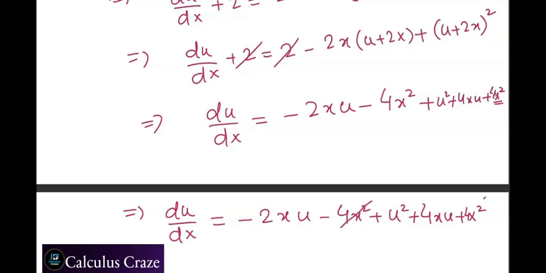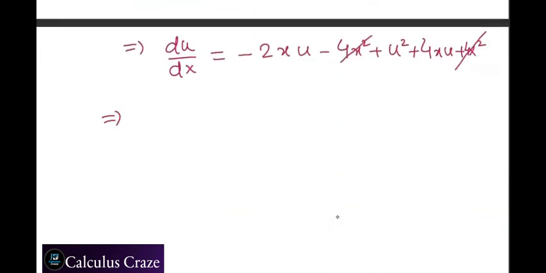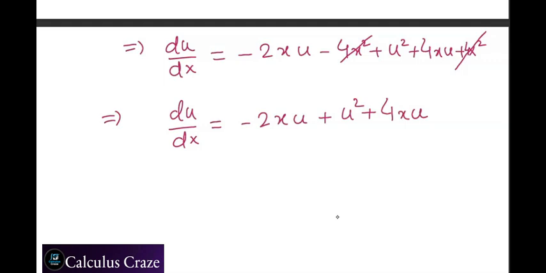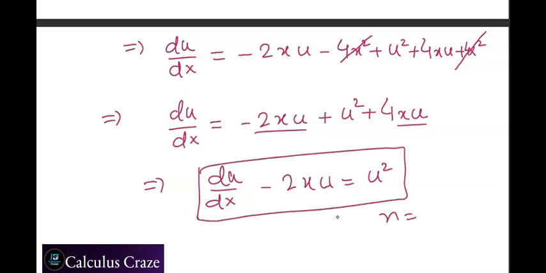This minus 4x square and this plus 4x square will get cancelled, and what we are left with is the derivative of u with respect to x equals to minus 2xu plus u squared plus 4xu. These can be simplified further to get the derivative of u with respect to x equals 2xu plus u squared. Now this equation is the Bernoulli equation with n equals 2.